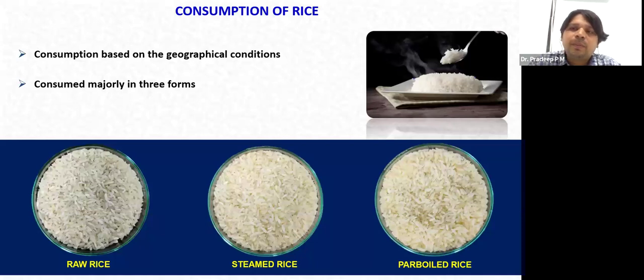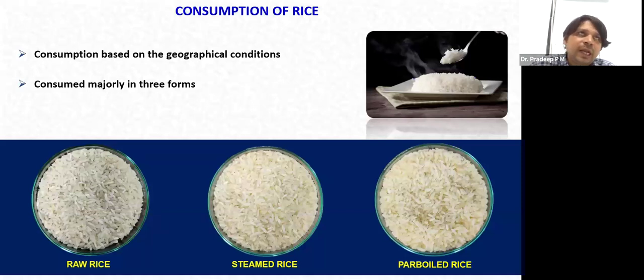Whereas the paddy after harvest, if it is steamed, or subjected to hydrothermal treatment by steaming, then we get the product called steam rice. Whereas if you soak the paddy and then steam or cook it, then dry and mill it, this is called parboiled rice. The coastal areas are majorly dependent on parboiled rice.